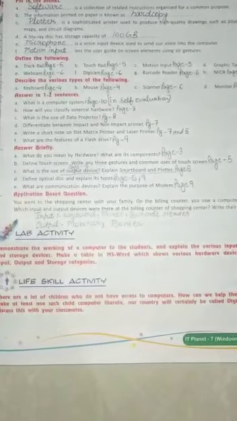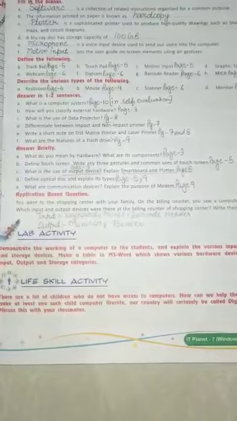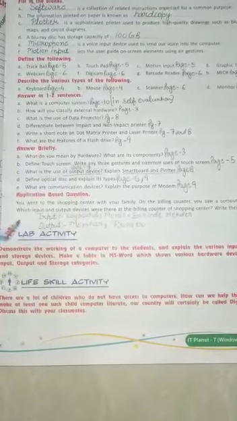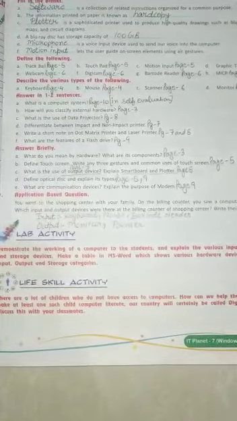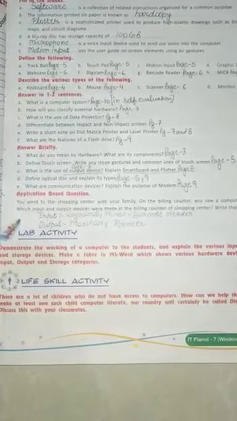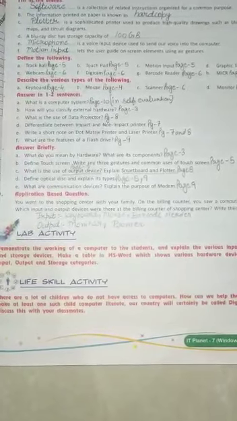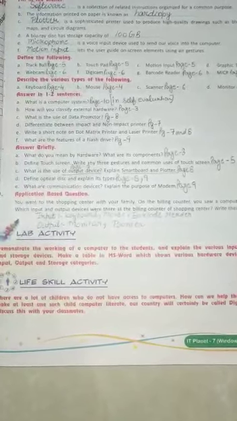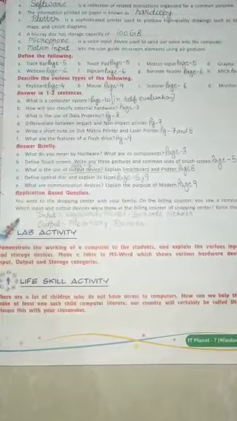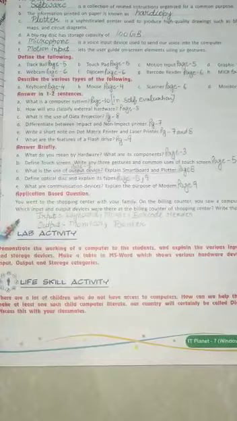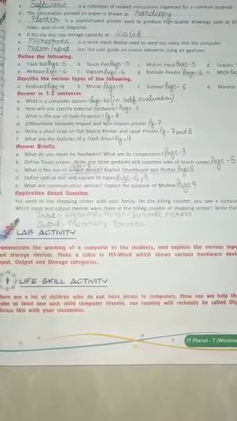If the question is for 1 to 2 marks, then you have to write only the name of the types. And if the question is for 3 to 5 marks, then you have to write the introduction of the keyboard and explain each type of the keyboard, mouse and scanner. I hope you can easily understand.